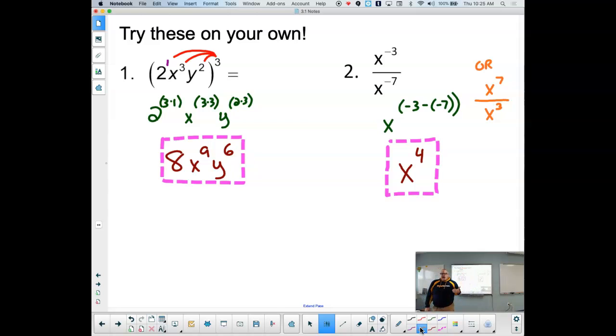Now I could again do my subtraction. 7 minus 3 is 4. Or I could simply ask myself, are there more x's on top or more x's on the bottom? And how many more? And the answer is there's 4 more on the top. So there's x to the 4th power there.